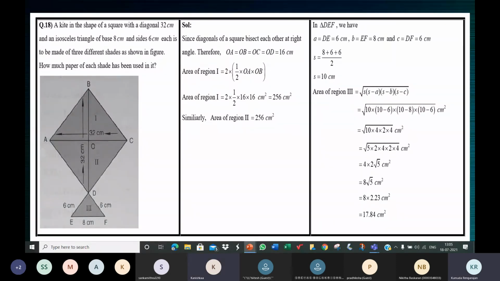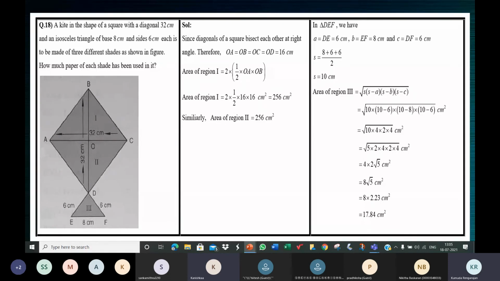Yes, ma'am. Actually, here it is not visible. The colors will be distinct. When you see the question paper or maybe the textbook, the colors will be different. So it is ABC in a different color, and ADC in a different color.